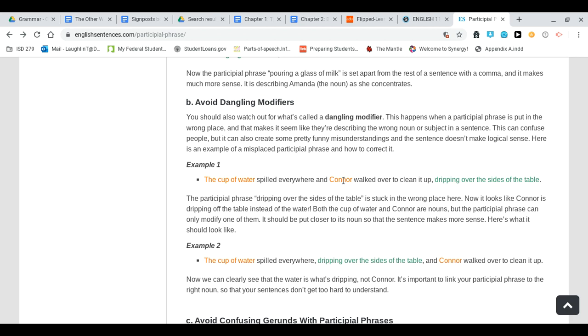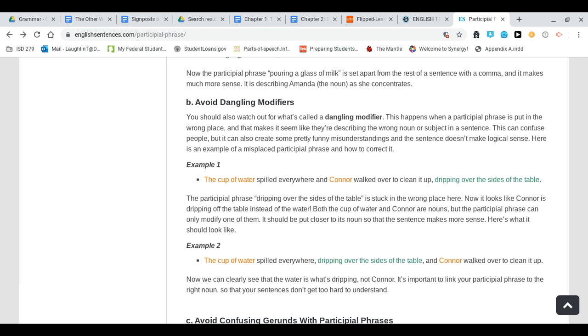I think logically we can figure out that the water is what spilled over the table. However, since Connor right here is the last noun that we're referencing, the sentence gets a little confusing because it actually seems like it's talking about Connor dripping over the sides of the table. I think obviously we can figure out what's dripping, but again, it's just a bad sentence.